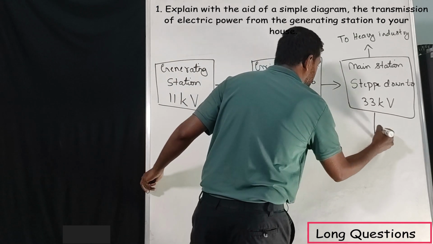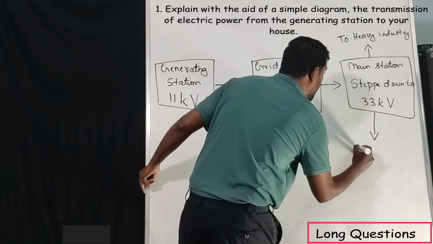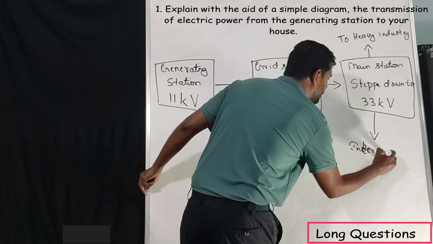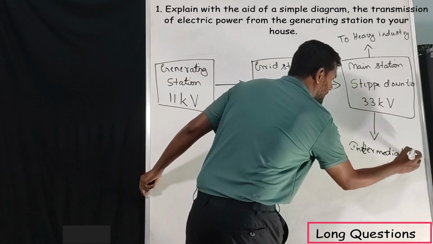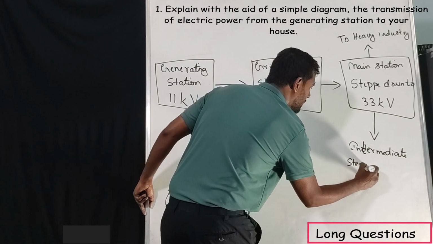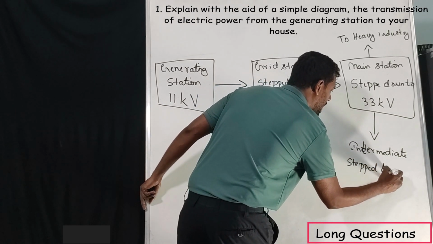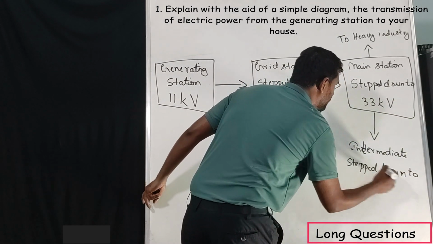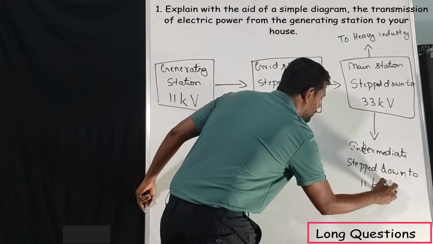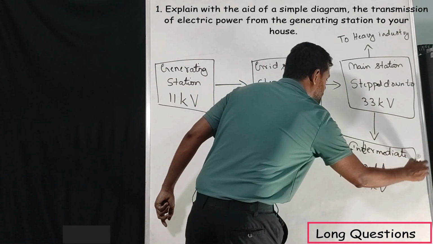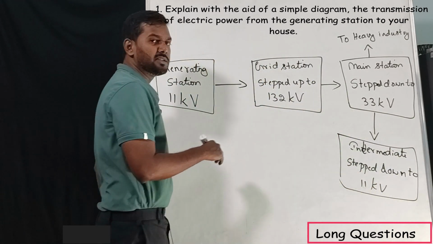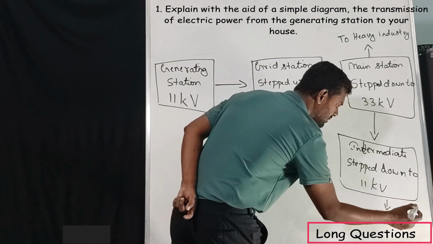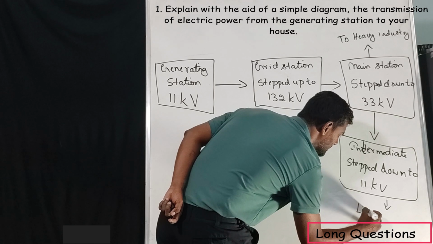Then again this will be stepped down at the intermediate station to 11 kilovolts. So in the intermediate substation, again it is stepped down to 11 kilovolts, and this will be given to light industries.